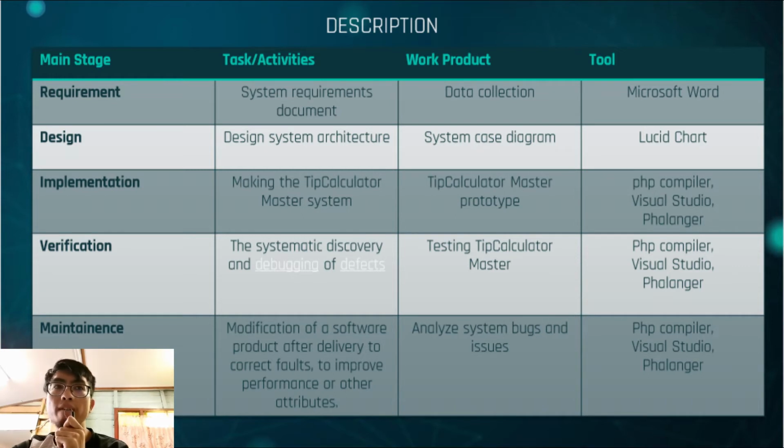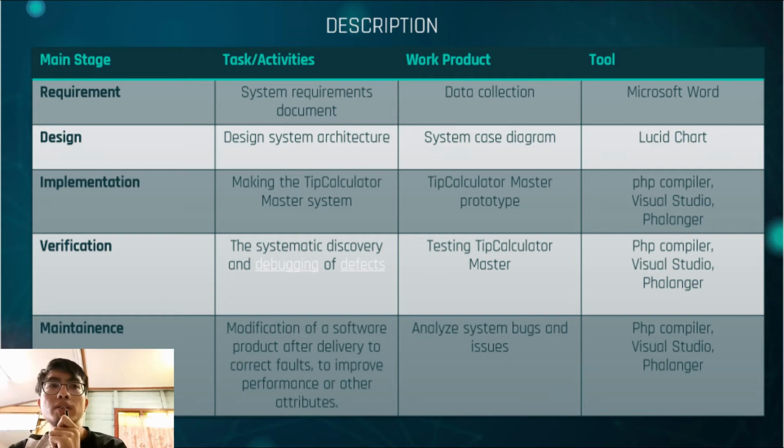First we have requirements, and the task or activity in requirements is system requirement documentation, where we discuss what to have in the system and how many people will be involved to work on the system. The work product is data collection, which we will record in Microsoft Word.